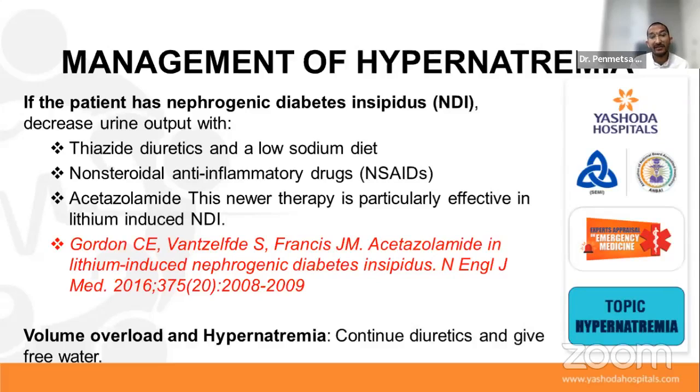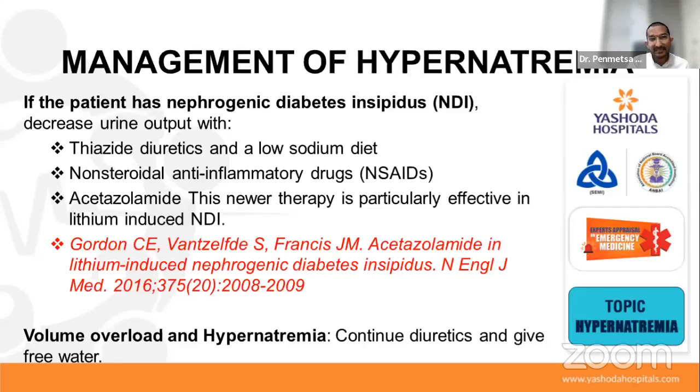When you are calculating your free water loss, there is a complicated formula wherein you take the urine volume times 1 minus urinary sodium plus potassium divided by serum sodium. This is a complicated thing, but this is usually done in patients with diabetes insipidus.